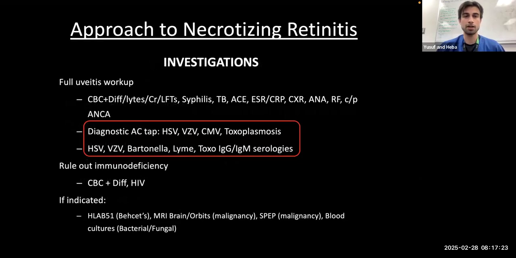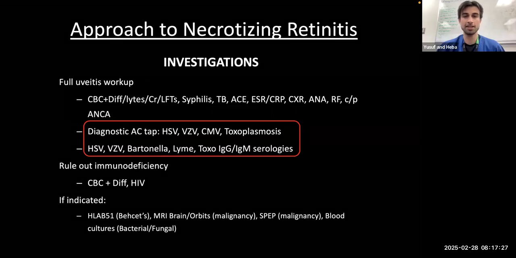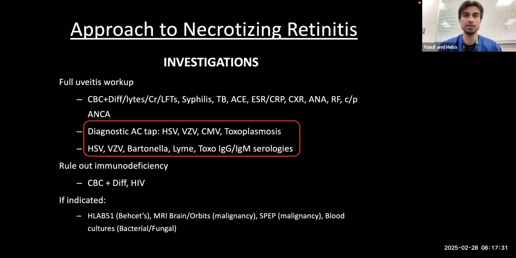It's important to conduct a full uveitis workup with your run-of-the-mill syphilis, TB, sarcoid, ruling out infectious causes. But really, one of the highest yield tests here, most important, is the AC tap for viral PCR. You can also include toxo in there, and then serologies for HSV, VZV, other posterior uveitis like Bartonella, and toxo.